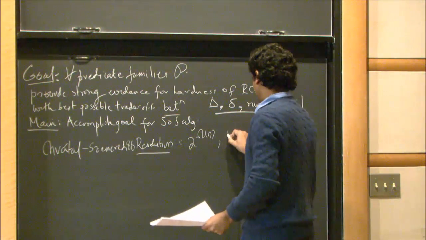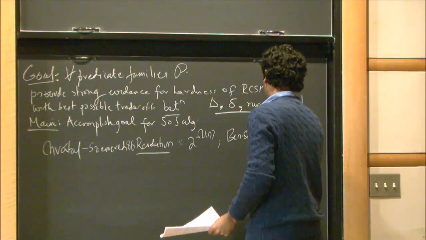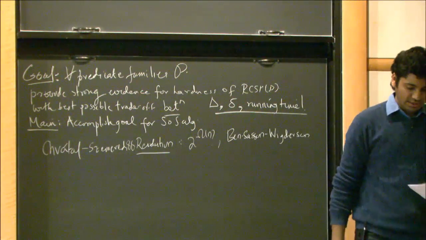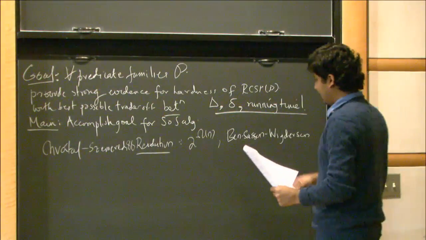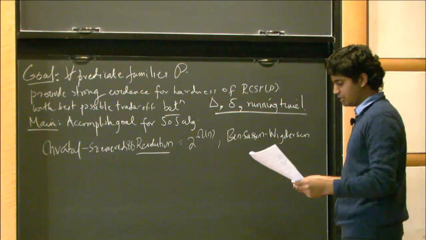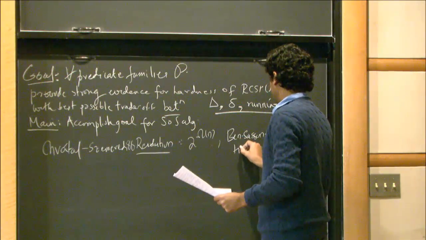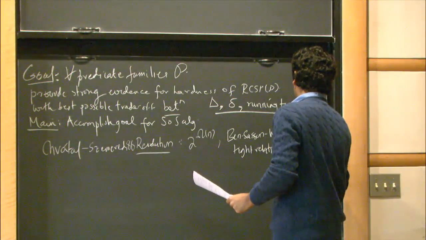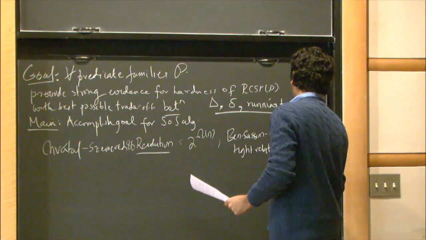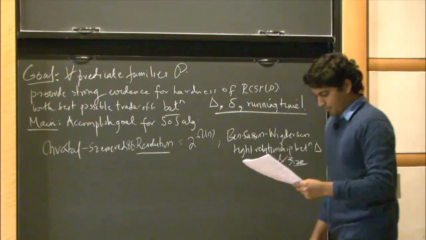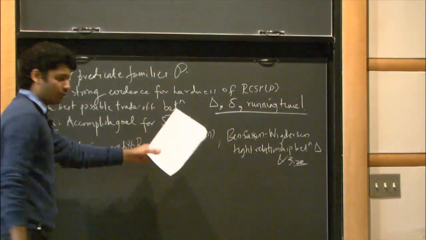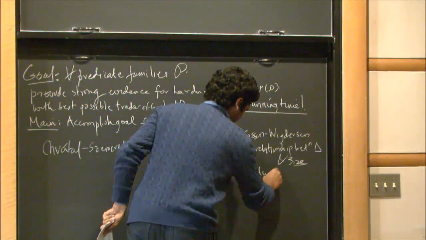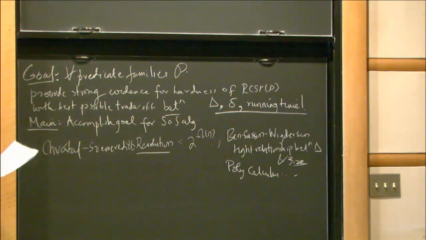And Avi and Eli Ben-Sasson basically answered that question completely. They had this size-width relationship, and used it to show the tight relationship between density and size. And later on, this line of work was extended to other proof systems like polynomial calculus, etc. Again, I won't go into that.